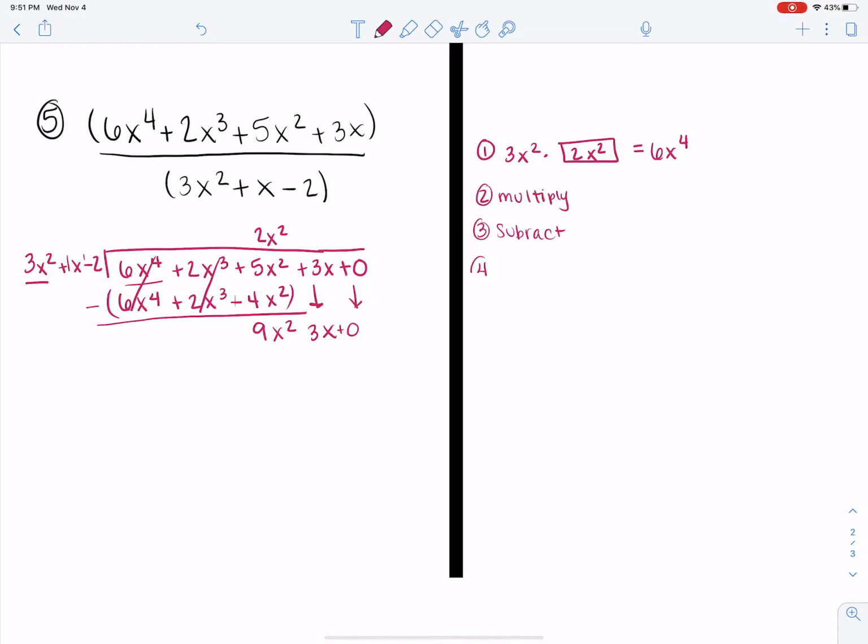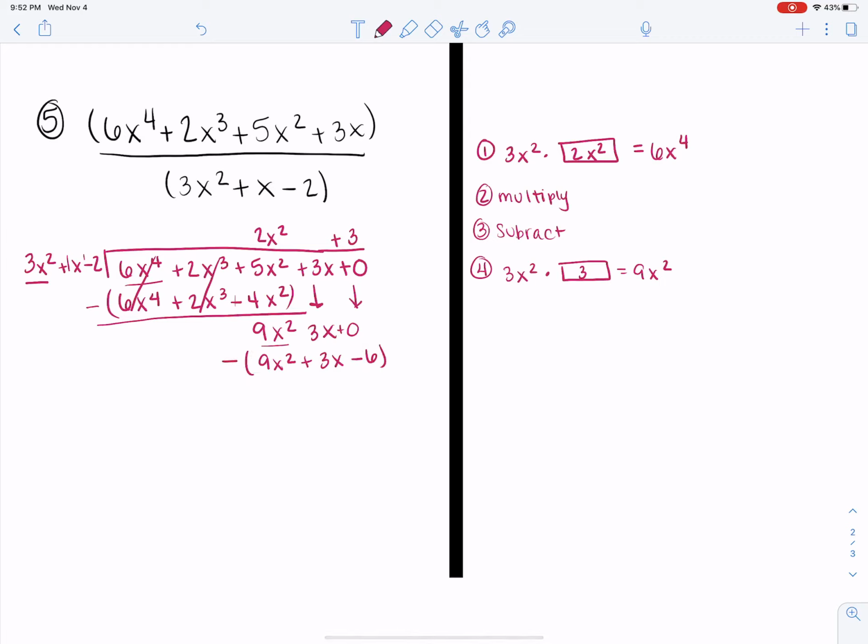So now I need to ask myself, if I have 3x squared times what will give me the first term here, 9x squared? Well, 3 times 3 would be 9. x squared is already there, so I just need a positive 3. 3 times 3x squared is 9x squared. 3 times 1x is a positive 3x. 3 times negative 2 is a negative 6.